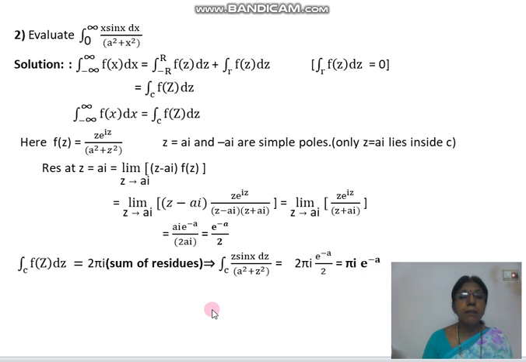But here it is sin z, whereas we found the e power iz value. So now you take the imaginary part.